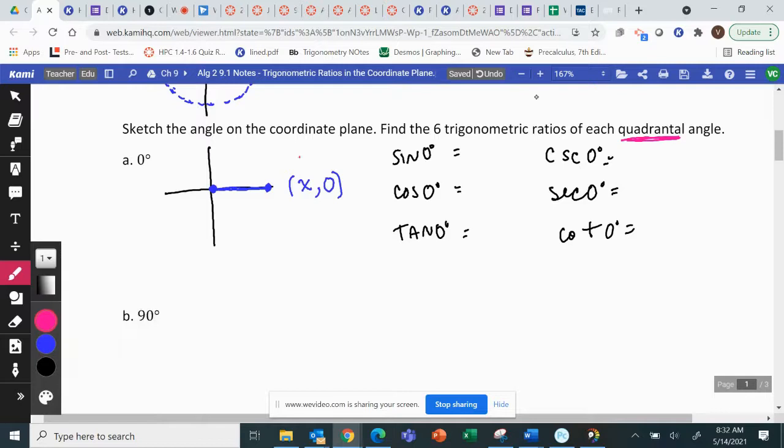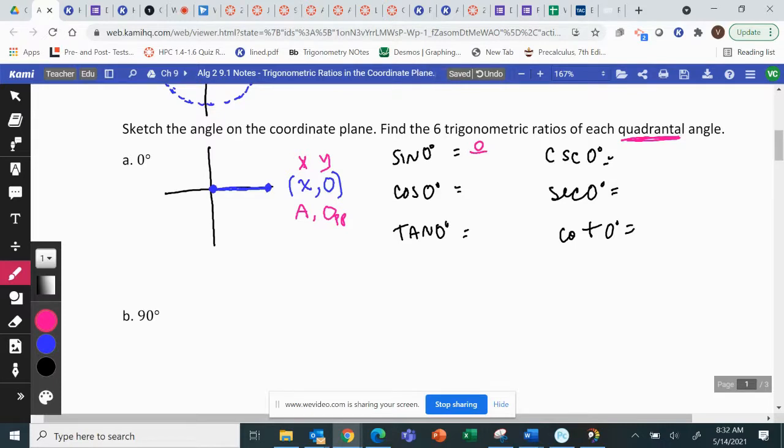So x and y that we just said above is exactly the same as the adjacent and the opposite. So if you have what is memorized for sine, sine is O over H, we know the O is now the y value. So it's going to have a 0 on top.